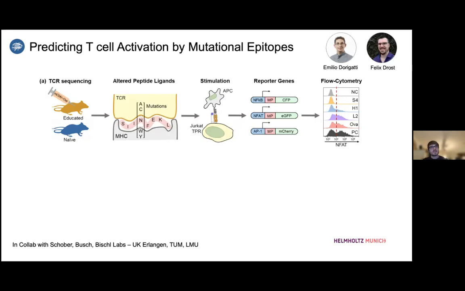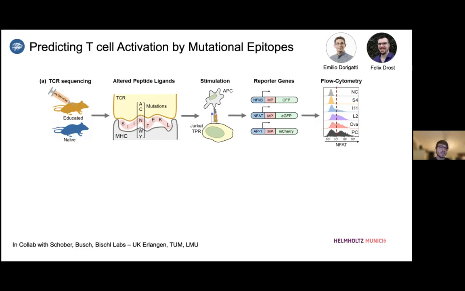Since we are not able to generalize to unseen pairs, we asked ourselves, can we at least do predictions for slightly perturbed peptides for the same T-cell receptor? To that end, we created an altered peptide ligand library for a very specialized epitope sequence, the SIINFEKL sequence.